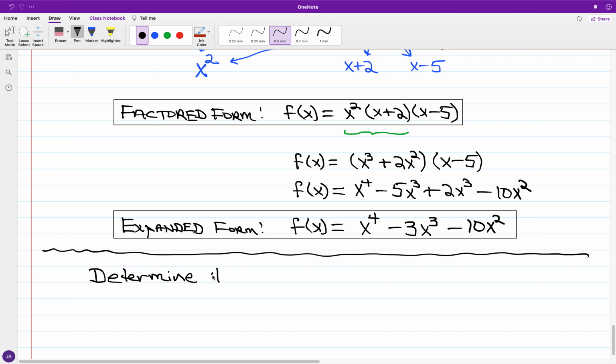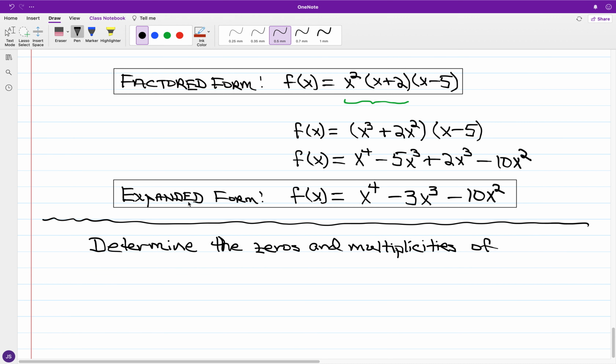So if I were to determine the zeros and multiplicities, say we have f of x is equal to x to the fourth plus 4x cubed minus 12x squared.